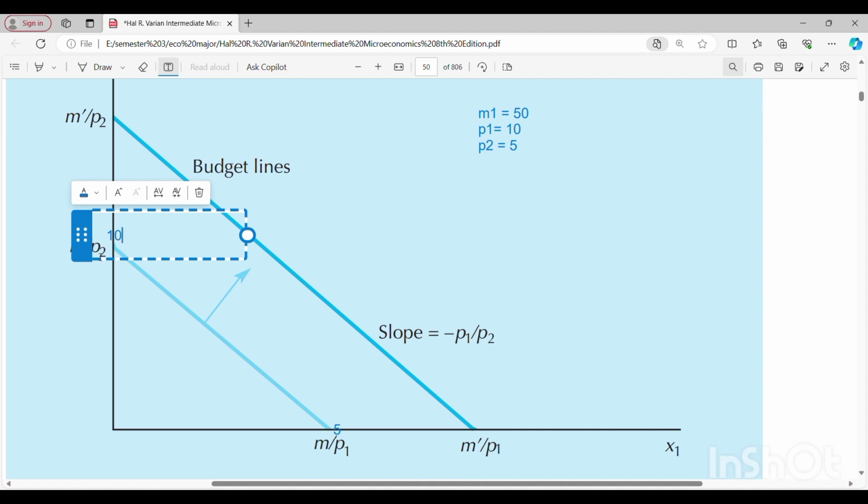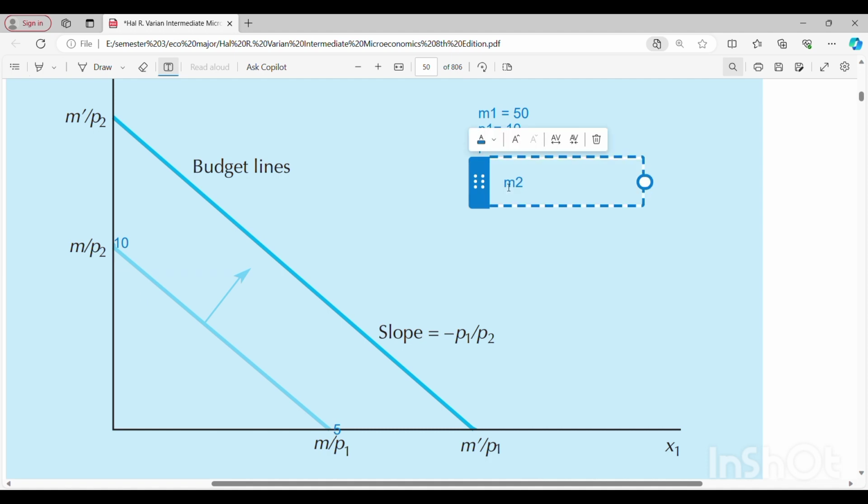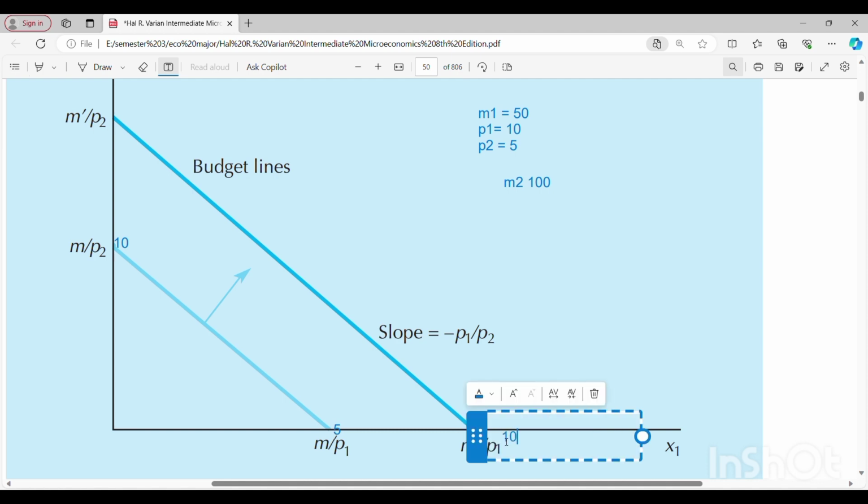Okay, but when his income increased, the new income is 100, prices are the same, there is no change in the price, then how many goods of X1 can he purchase? 100 by 10, that is 10 goods he can purchase. Then for X2 he can purchase 100 by 5, 20 goods.